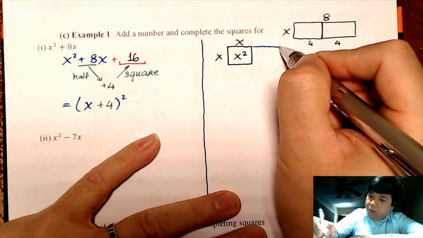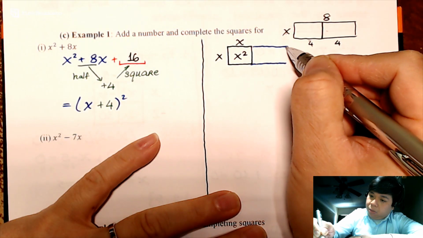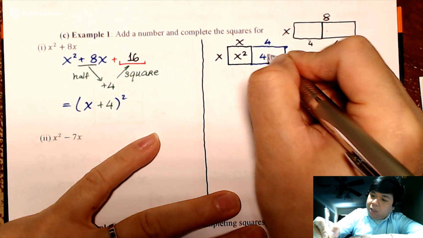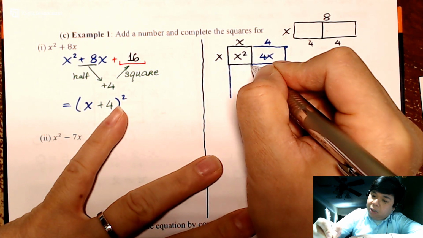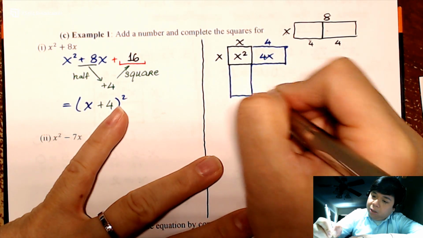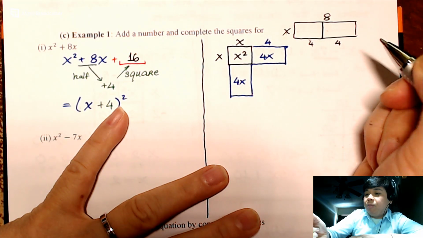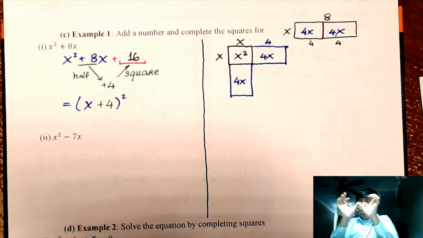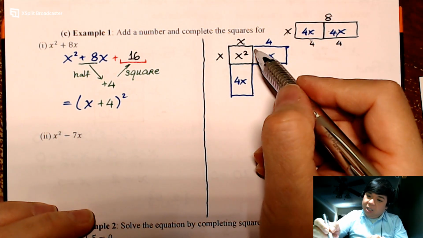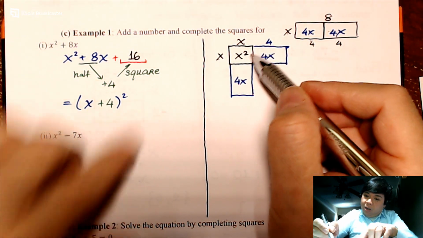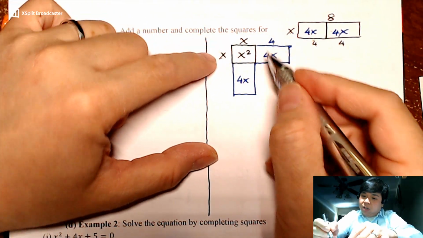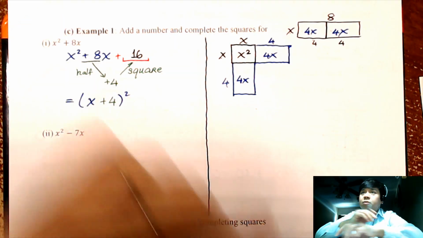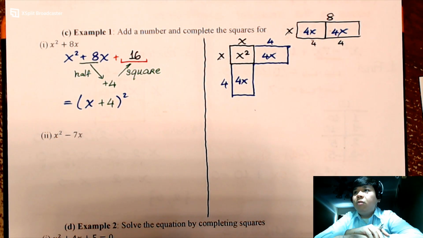And so the ax here becomes 4x and 4x, right? Ax becomes 4x and 4x. Split the ax into 2 rectangles and then stack. This is x times 4 and x times 4, right?